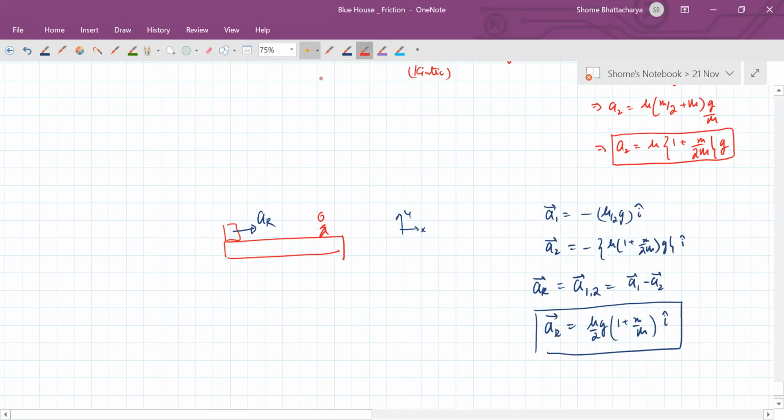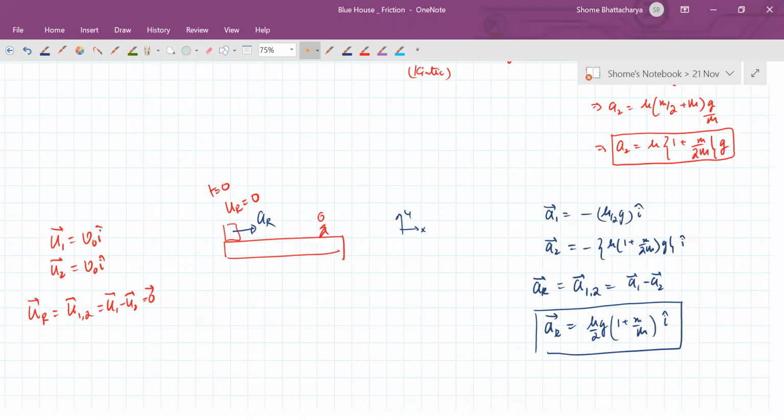Okay. Now at t equal to 0, your relative velocity will be 0, because again your initial velocity of block 1 was v naught I cap. Your initial velocity of block 2 was also v naught I cap. So initial relative velocity of 1 with respect to 2 is 0. So to this guy, this is what it is looking like. So at some time it will reach here. So this relative displacement should be equal to the length. Okay.